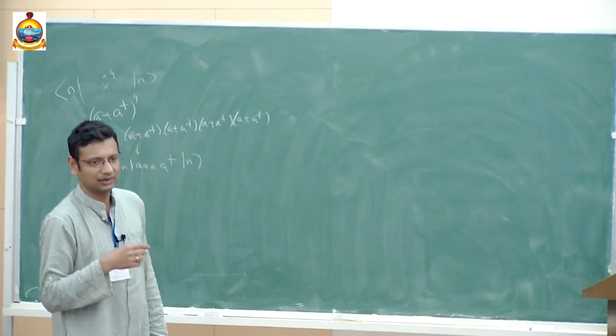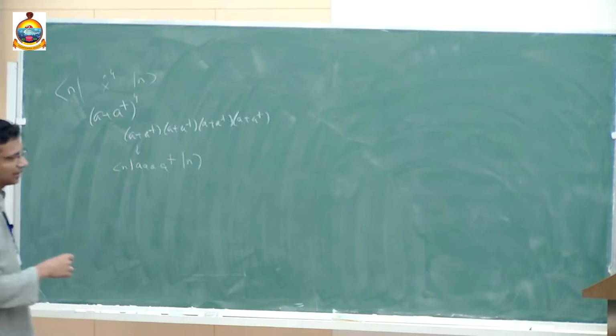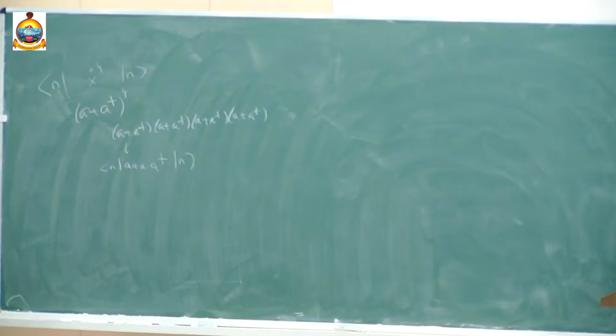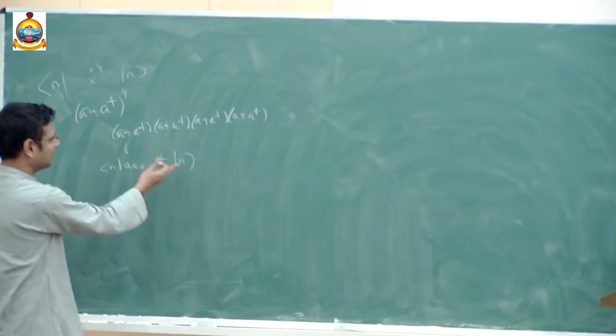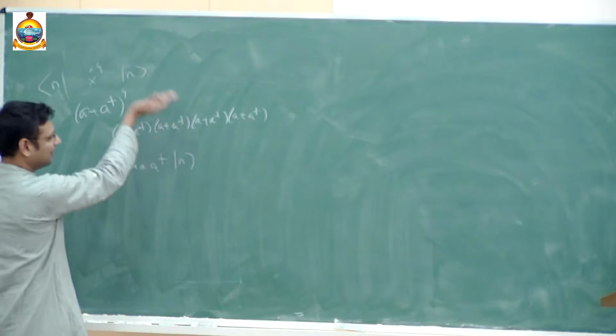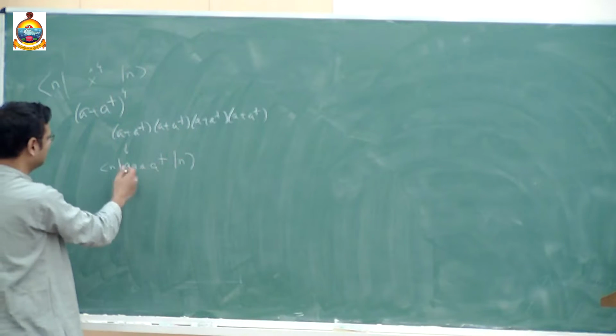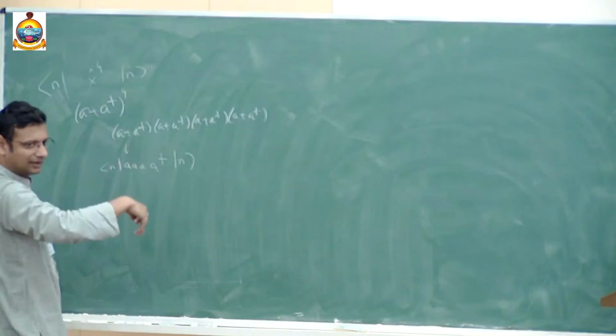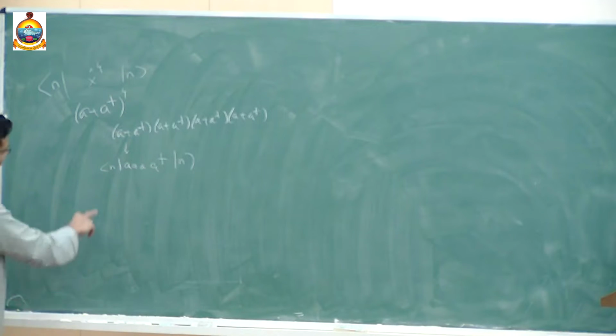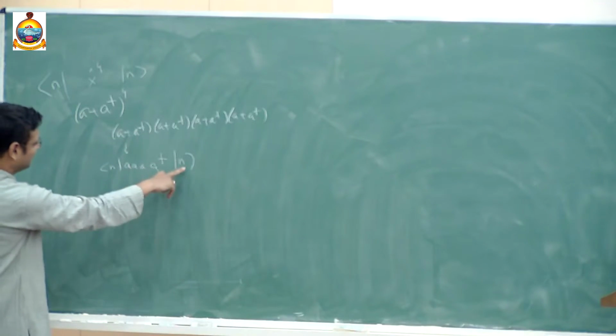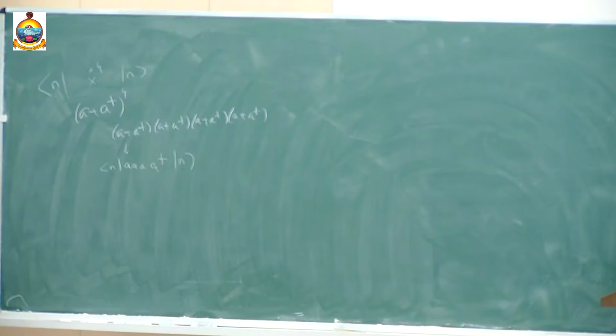What do you think this object is, just by the rules that we have discussed? Remember what A dagger does? A dagger raises the n to the higher eigenstate, and A pulls it down. So you see what we have to do, right? This is n and this is the same n. So what do you think?